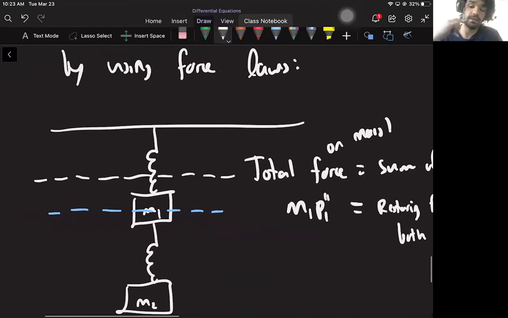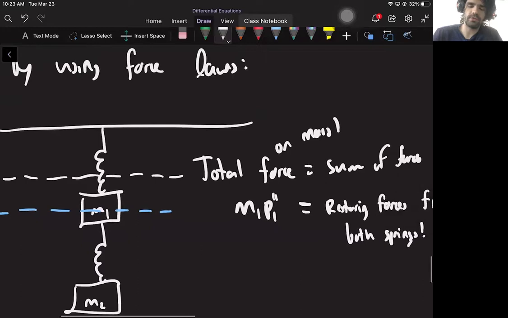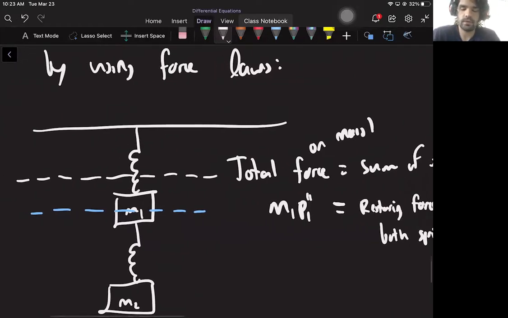Remember, the restoring force is proportional to and opposite of the position. So right now, because it's below equilibrium in this little picture here, there's a force pushing up from spring 1 trying to restore it to equilibrium.